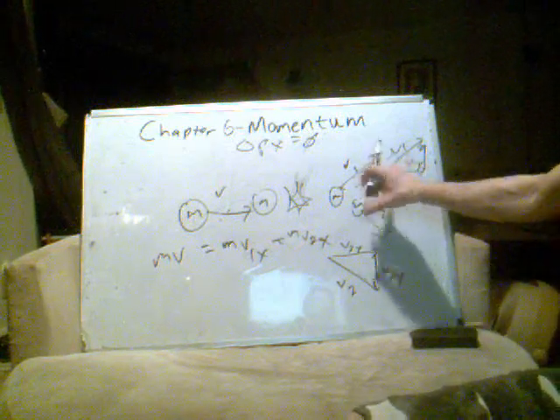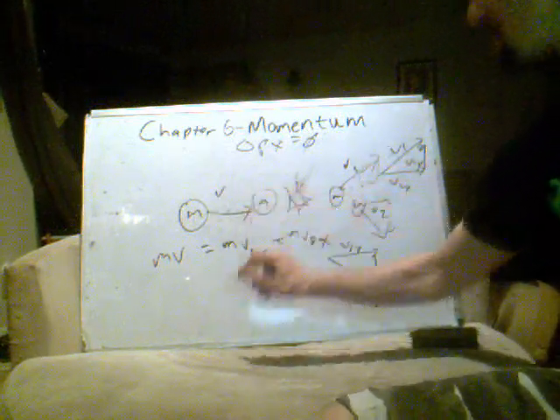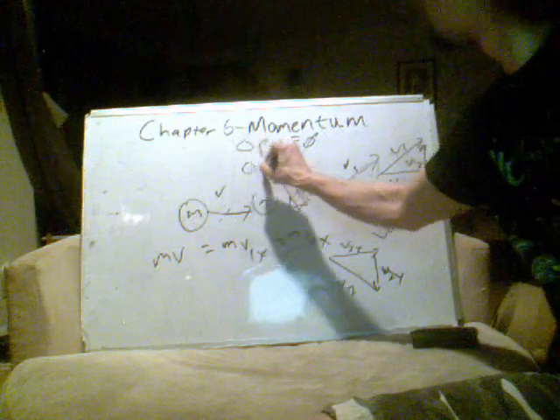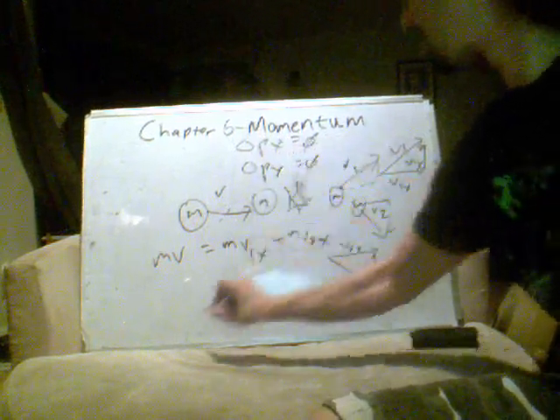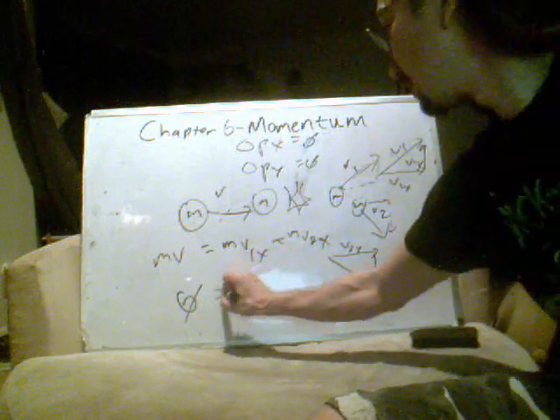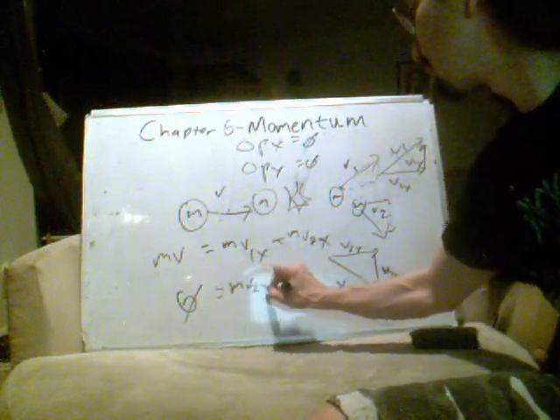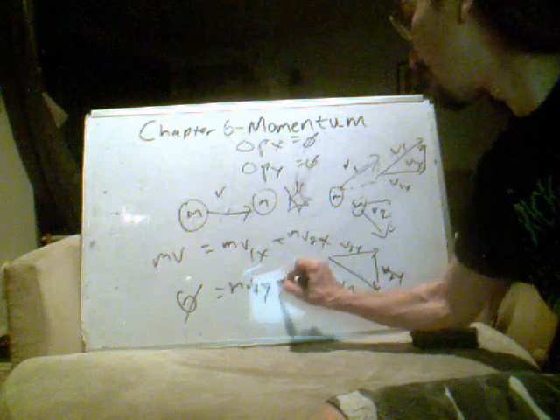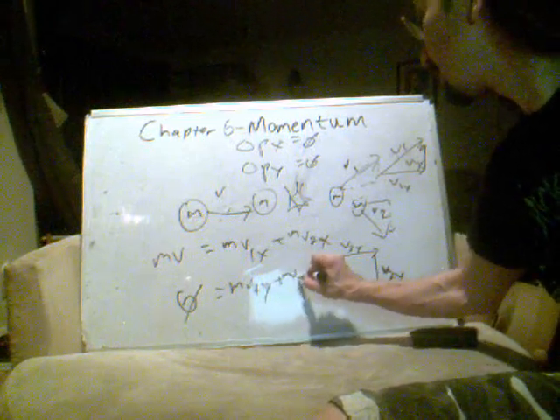But what about the vertical component? There is no vertical component here, right? And so if we want to talk about the vertical component, there's nothing. But here we have two, right? We got mv1y plus mv2y.